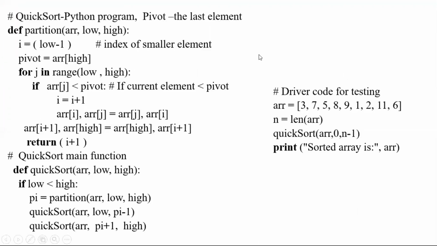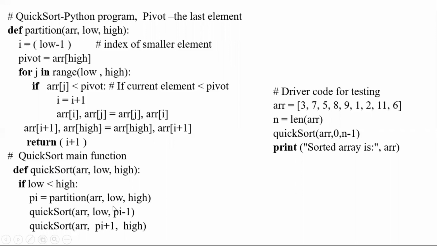Here is the Python program for quicksort. Here is our array. We pass to the quicksort function the array with the index of the first element and the index of the last element. In the main function, while low is less than high, we every time partition.